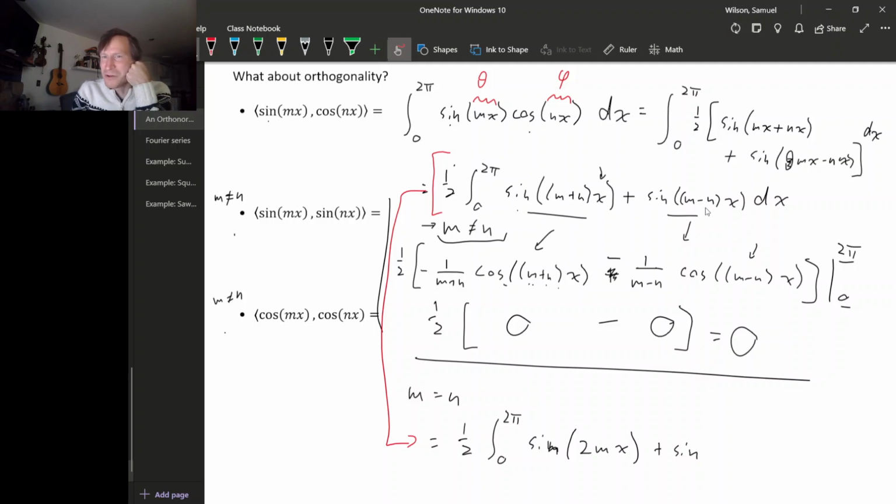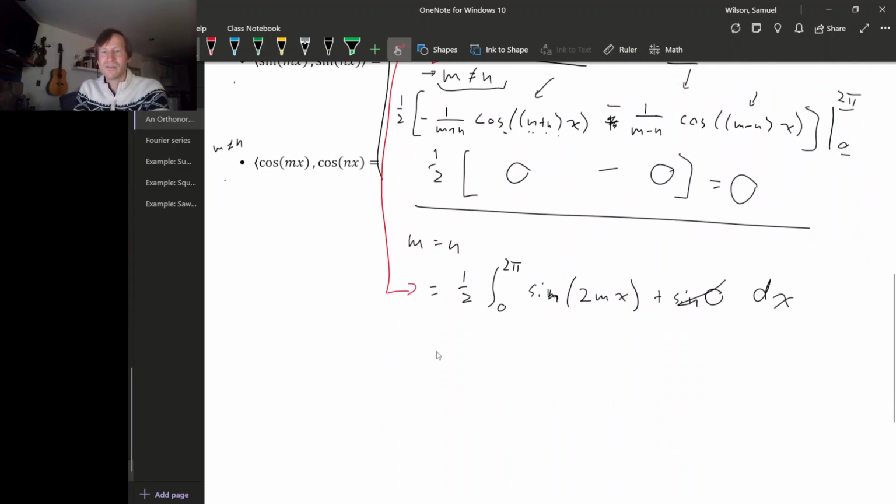Well, if m and n are equal, m minus n is 0, so this is sine of 0, which is 0, right? So this part just goes away. And now we can integrate. We get 1/2, 1 over 2m, I guess a minus sign, cosine 2mx.